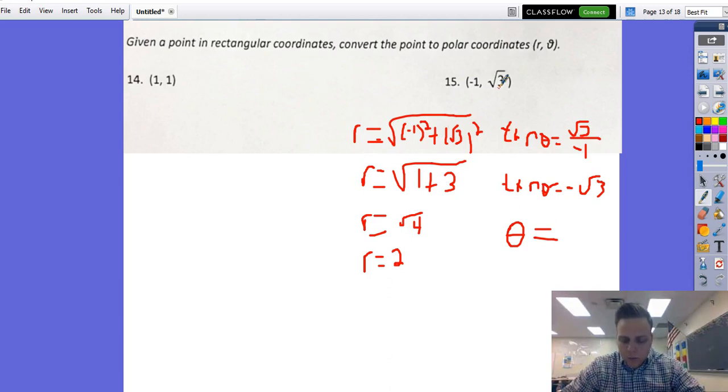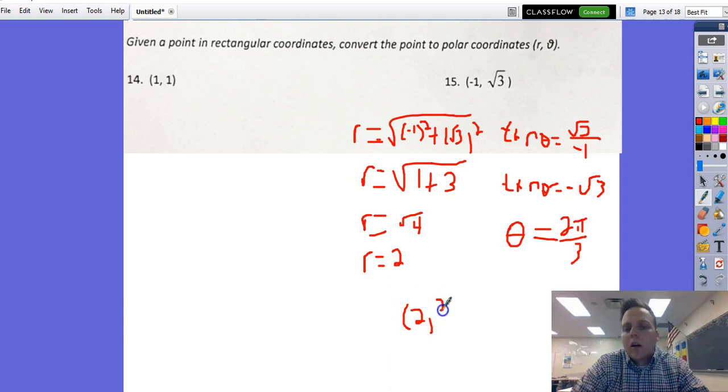So ask yourself, which one falls in quadrant 2? 2 pi over 3 or 5 pi over 3? 2 pi over 3 does. So I know that theta is going to equal 2 pi over 3. So then I know I have the polar point 2 comma 2 pi over 3. And that's my answer.